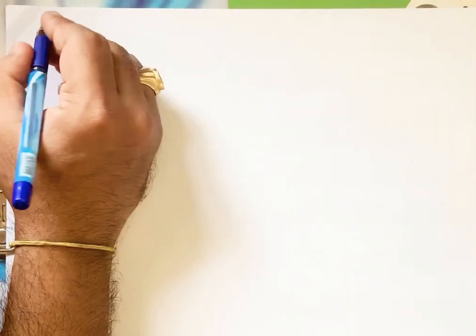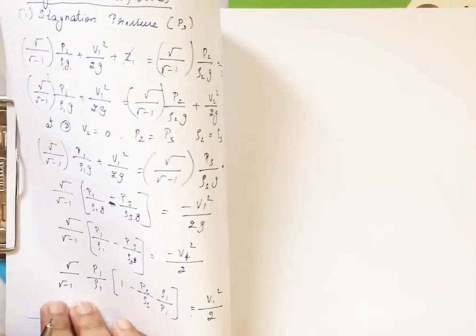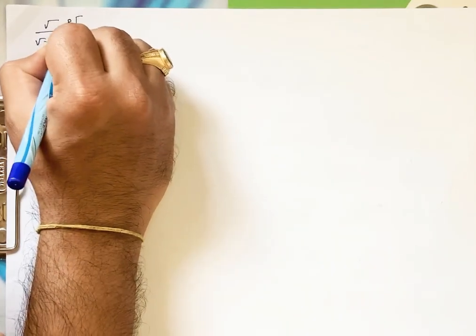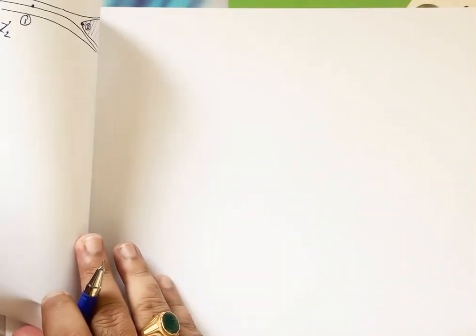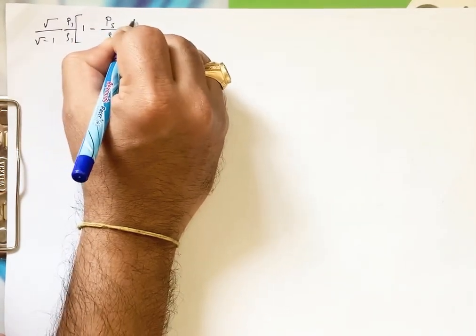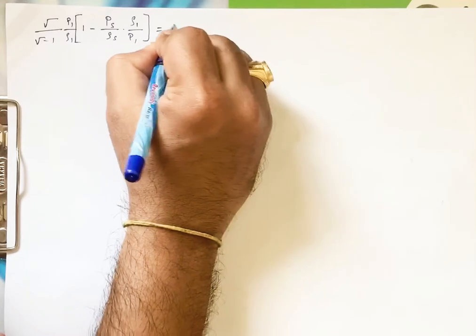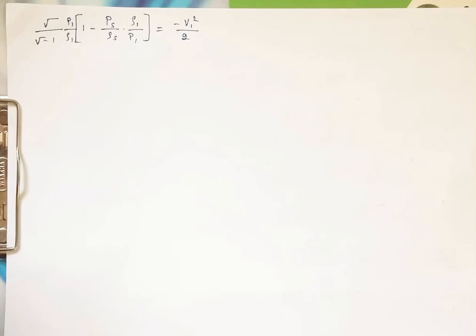Writing it once again: gamma divided by gamma minus 1 into P1 by rho 1 into 1 minus Ps divided by rho s into rho 1 divided by P1 is equal to minus V1 square by 2. This is the equation we have got.